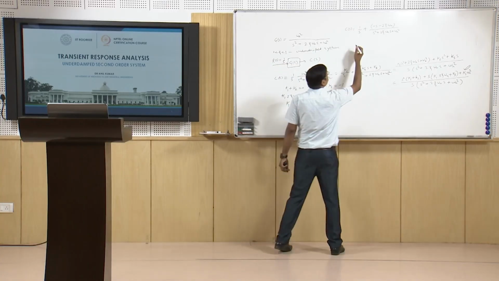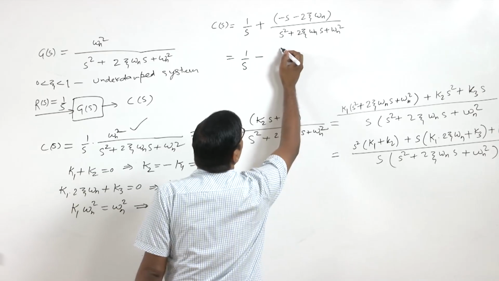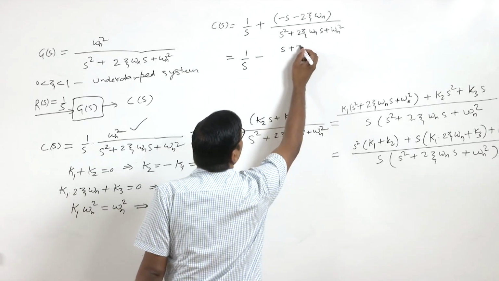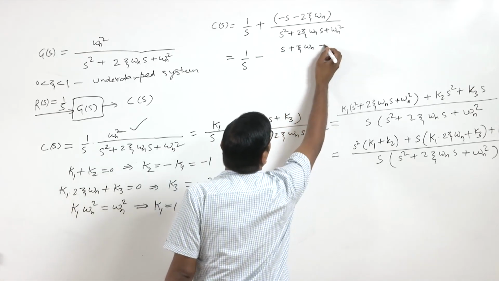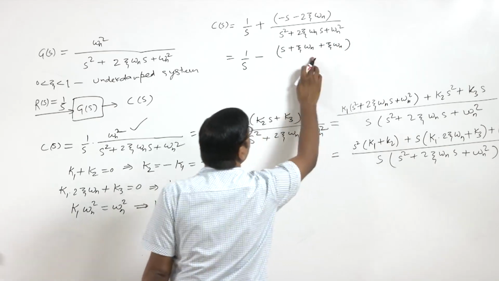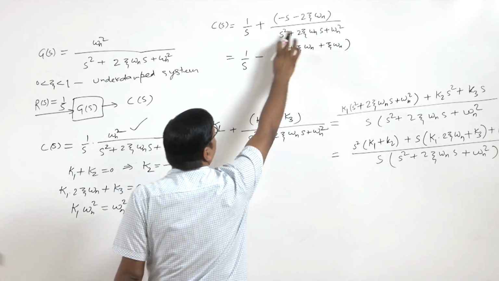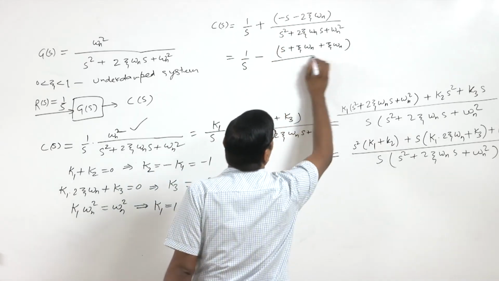So we can write here 1 by s minus s plus zeta omega n plus zeta omega n, because here we take minus out and this is s plus 2 zeta omega n. We can write like this.